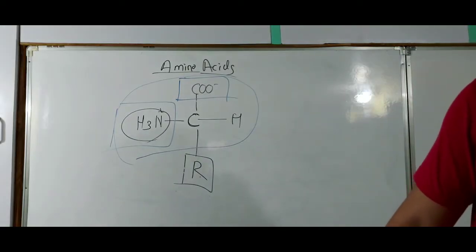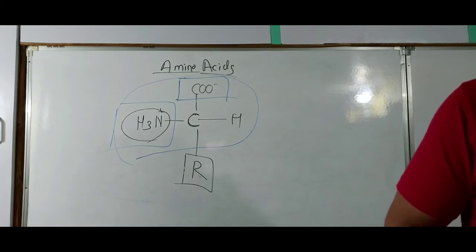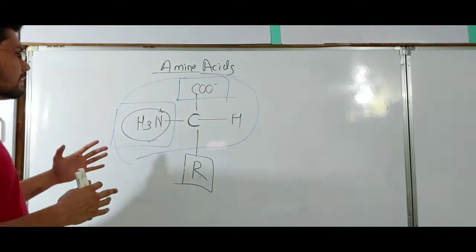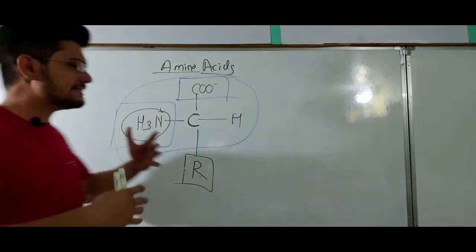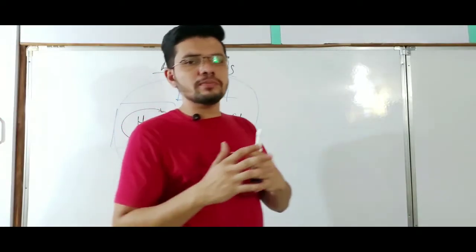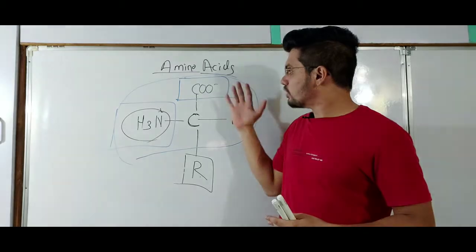After that, the second point I want to mention in this video is how these amino acids are joined to each other. To make a whole polypeptide chain, we have to join two successive amino acids.